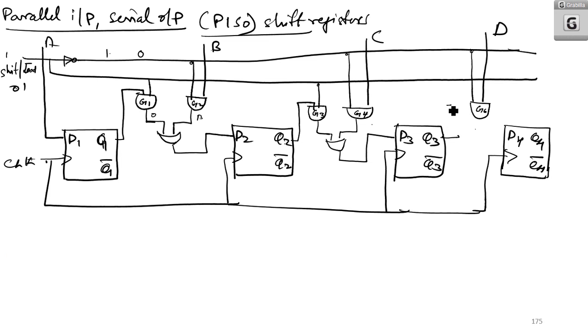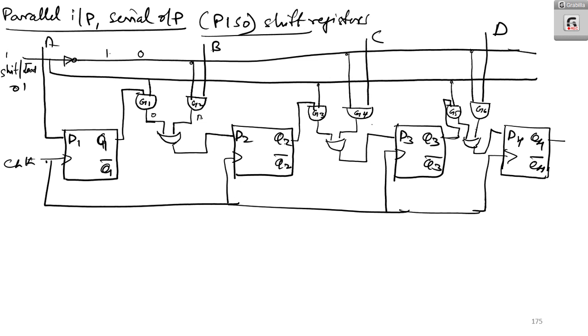This is G5. Q3 will be going into G5. Here also it is coming, and the output of G5 and G6 is an OR gate. That OR gate will come into D4, and we are taking all the outputs. That is, only Q4 is taken out.